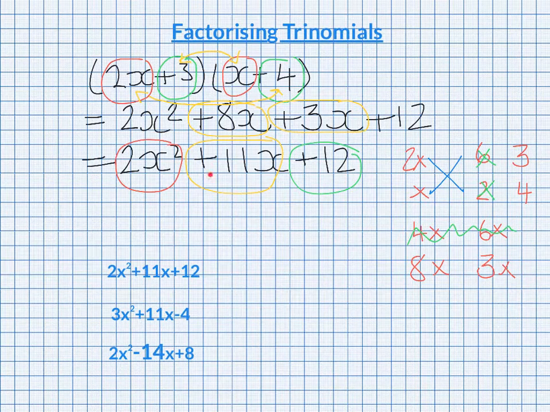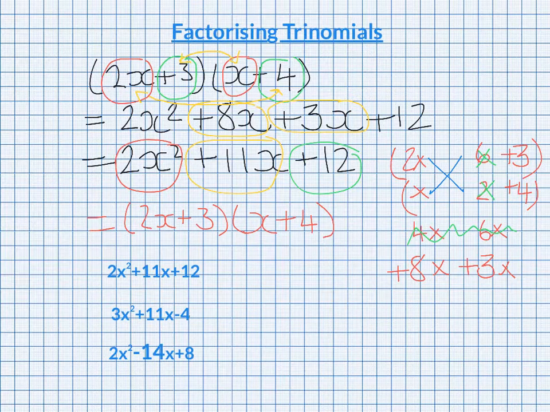Now I'm looking for 11x, so if they're both positive, plus 8x and plus 3x, I will get my 11x. So I know that my brackets must be 2x plus 3 times x plus 4.